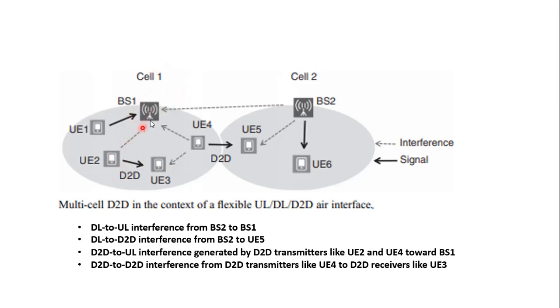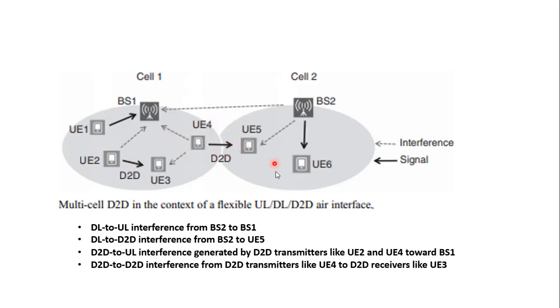The base station is also interfering with user interface 2. Next, base station 1 and base station 2 are having an interference with each other because they are very close to each other.